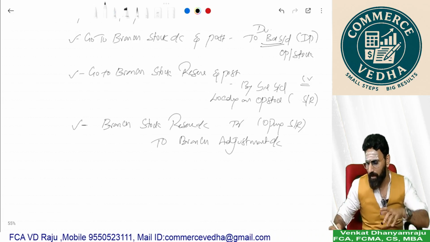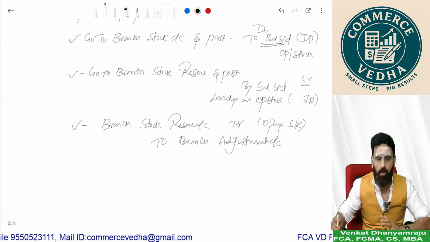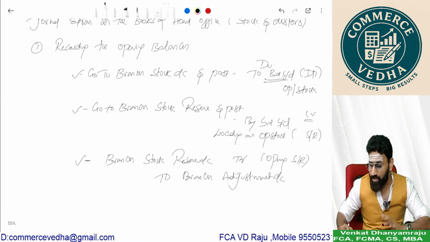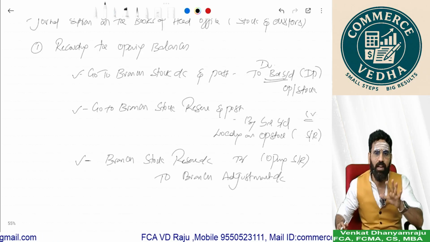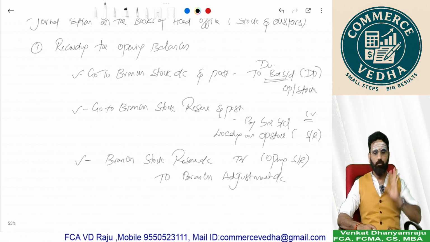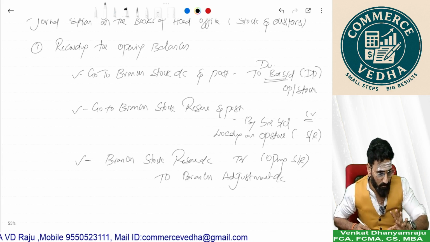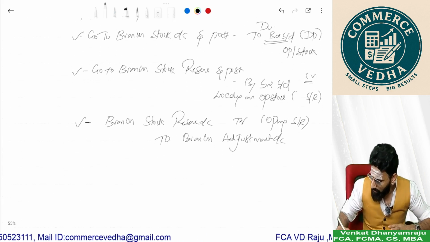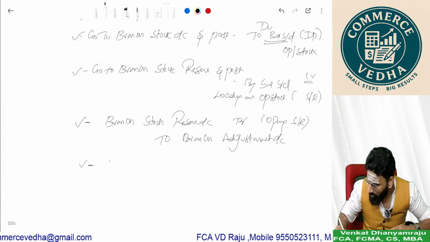So the entry is branch stock reserve account debit to branch adjustment account. You should start with these particular entries in the stock and debtors method. Hope it is clear.